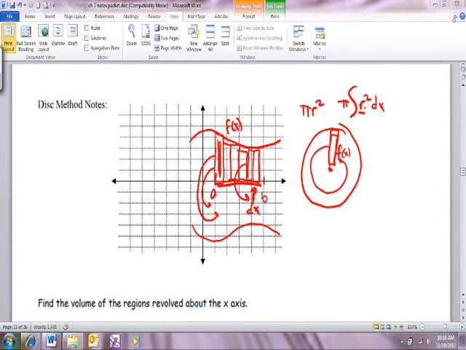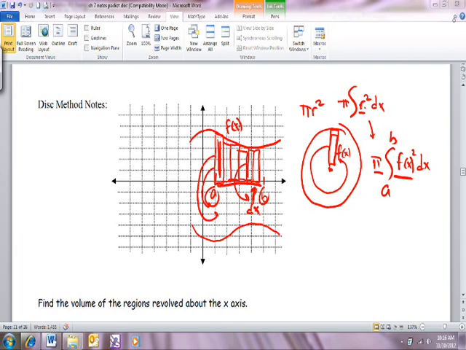So our formula really works out to being pi times the integral of f of x squared dx. And generally they're going to give us the bounds from a to b. So it's pi r squared, the area of a circle, integrated on our bounds.